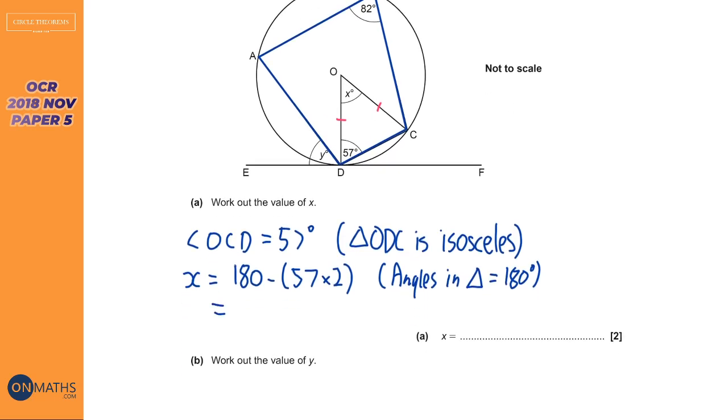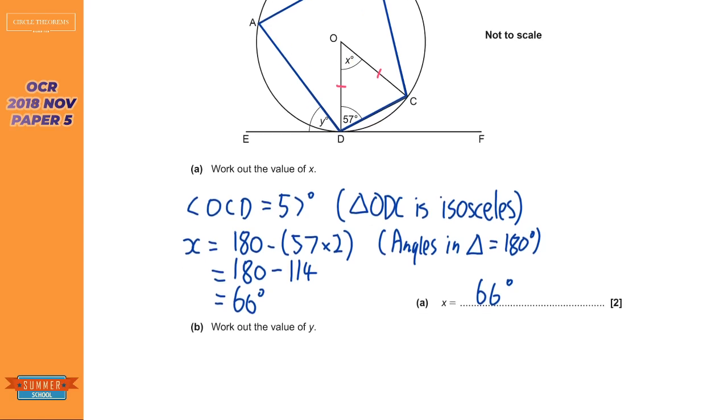And so this is paper 5, and on paper 5 for OCR we don't have a calculator, but we can do that. So that 57 times 2 is going to be 114, and then 180 take away 114 will be 66 degrees. So the answer to A is x equals 66. Although degrees is in the question, it has a degrees next to it, so we don't need to write degrees.